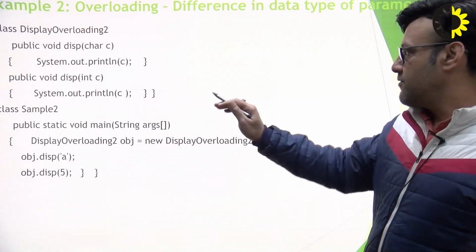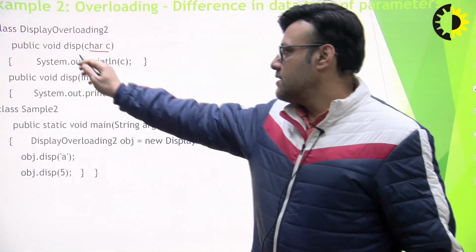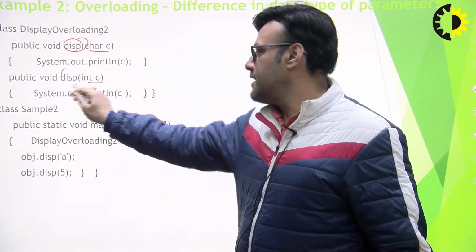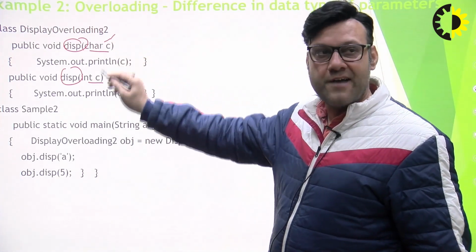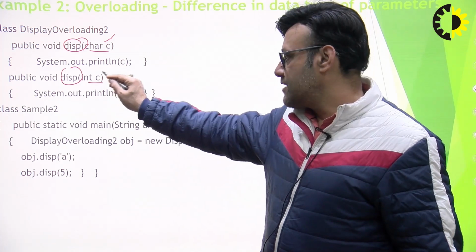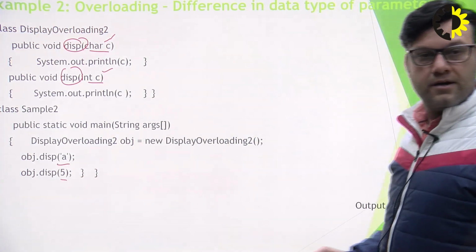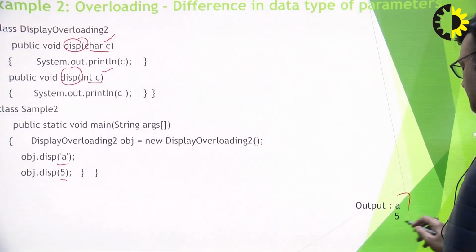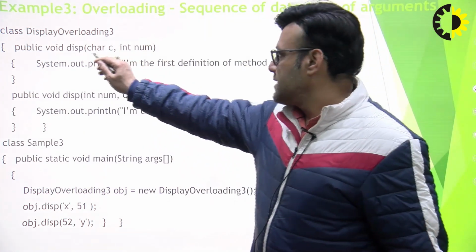Secondly, on different parameters, char C and int C, the name is the same, disp. Firstly, the first parameter is of character type, and in the second function the parameter is of integer type, so I have used A and here 5. So the output will be A and 5. And third is char C, int.